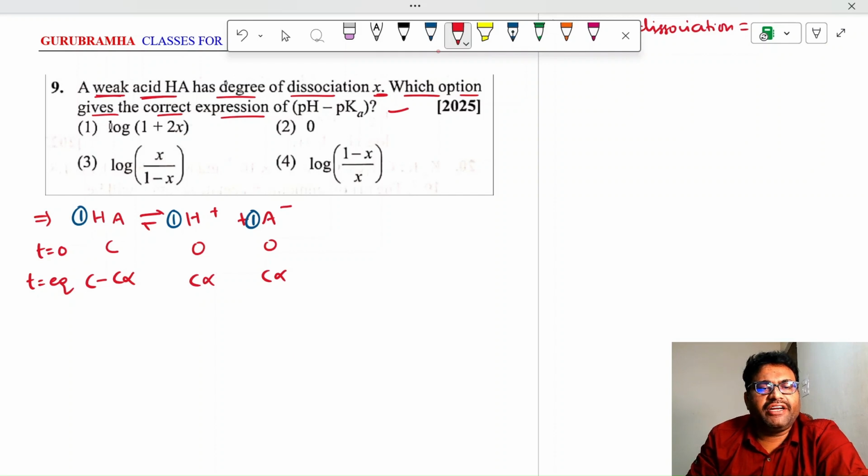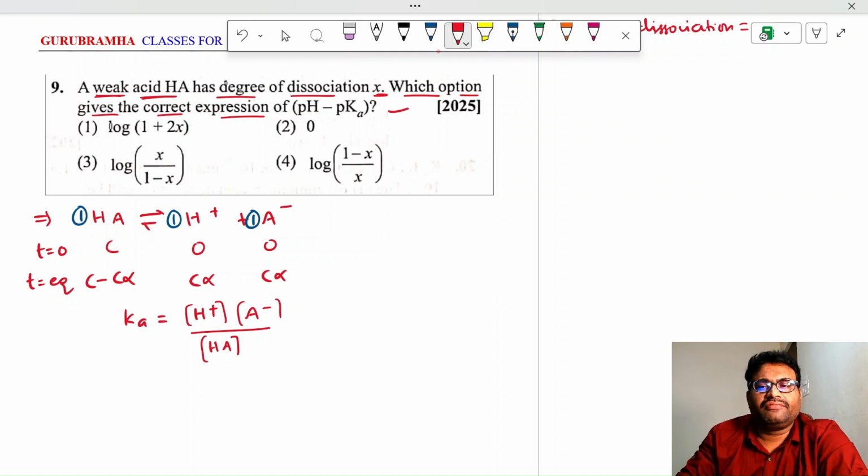And what can you write for Ka? The dissociation constant of the acid, Ka, can be written as H plus ion concentration into A minus concentration by HA concentration.